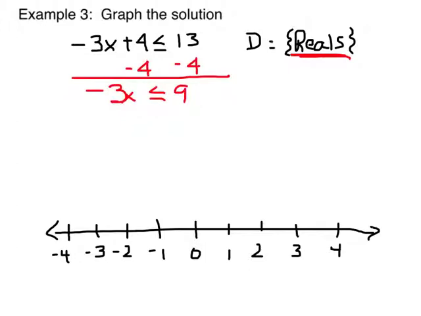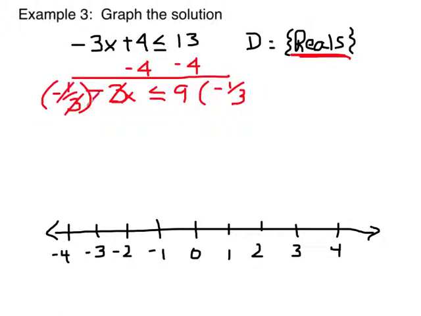And then we are going to multiply both sides by negative 1/3. And we get rid of this negative here. We've made x positive. We got rid of the 3.